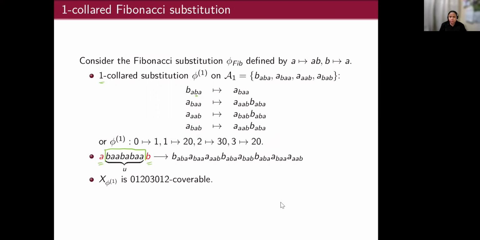So in the proof, using the non-special cover of our Fibonacci subshift, we will construct a cover for the subshift generated with the n-colored substitution. So if our n is equal to 1, the unique letter that precedes our non-special cover would be enough to construct our cover.